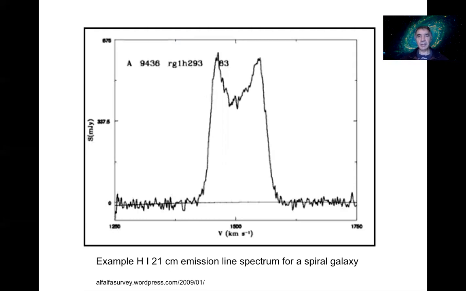You point your radio telescope at such a galaxy and record around a wavelength of 21 centimeters, and this is what you see. You see all the hydrogen gas in that galaxy emitting due to this hyperfine transition. So this is the H1 21 centimeter emission line, and this is the way that we can map out atomic hydrogen gas in the universe. It's a very powerful tool.